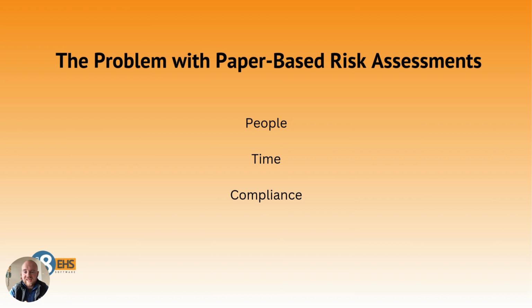That could be missing signatures, it could be incorrect data, it could be lost paperwork. Where there is people writing things out every single time, whether it's on a piece of paper or in a Word document, if they're having to do that every single time, you are opening the floor to errors. And when we are talking health and safety, obviously that is something we don't want.